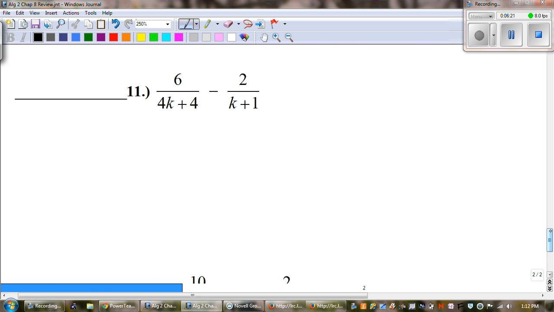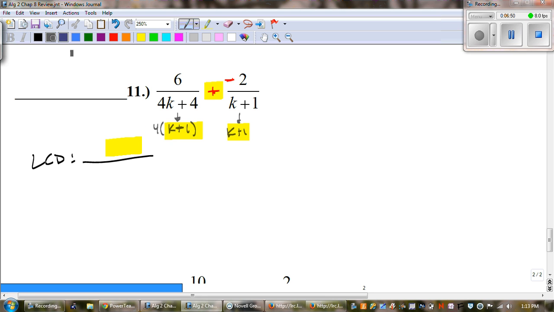number 11. Right away, I notice that that's subtraction, so just to help me stay organized, I'm going to make sure that's negative. Okay, so I need to factor, and I can take out a 4, and that doesn't factor, so that's just k plus 1. So when I'm trying to find the LCD, it's a combination.